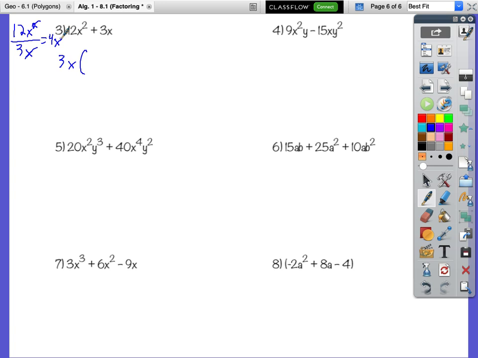Wait, so how do you get rid of the 2 on top? We divided. So here it's x squared divided by x. They both have an x in common. So just like here we divided by 3 and you got 4 and a 1, we divide by an x. X squared divided by x is just x.